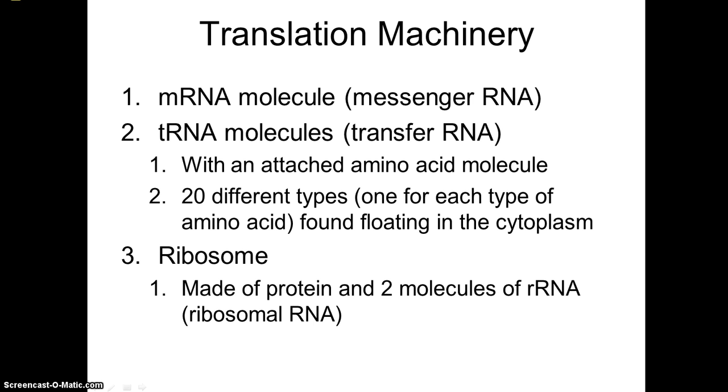And when the third thing there, the ribosome, calls for a certain tRNA, it matches up to the messenger RNA, brings the amino acid over, which then becomes part of the polypeptide chain. The ribosome is made of our third type of RNA, and that's called ribosomal RNA. We said in the last video that the ribosome is not surrounded by a membrane like the membrane-bound organelles are. It's protein along with ribosomal RNA.